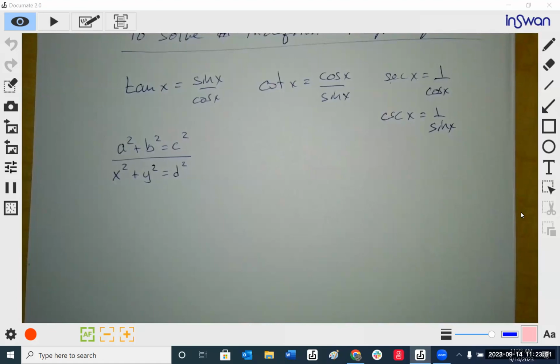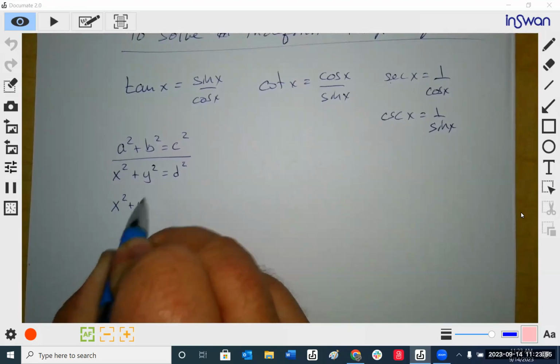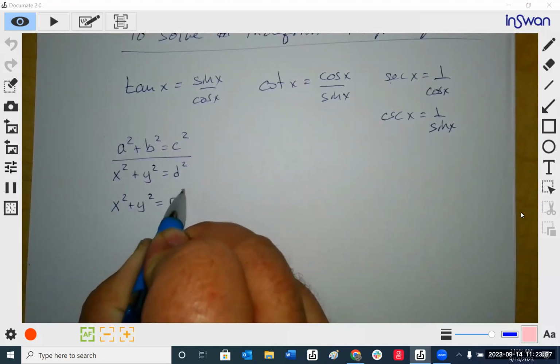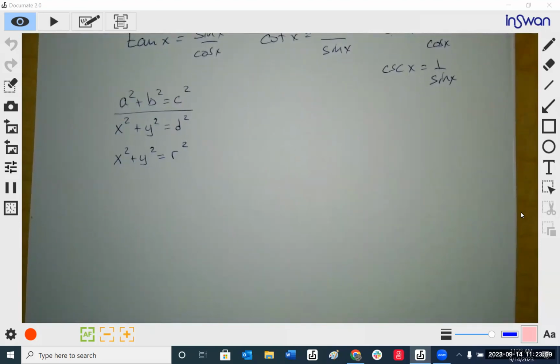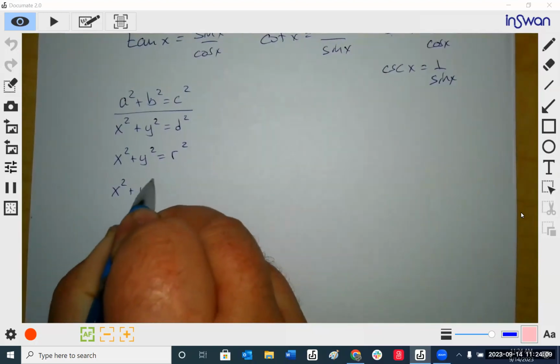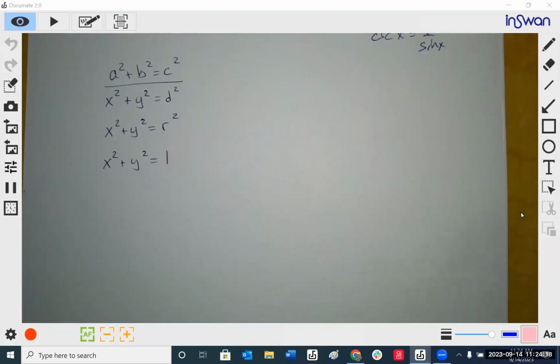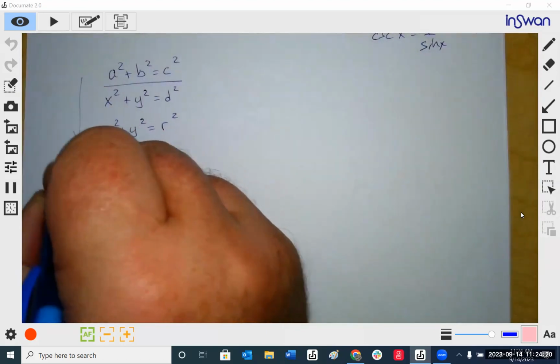In circles, the distance becomes the radius. In a unit circle, centered at the origin, we have radius 1. This is the derivation of how it's all coming together.